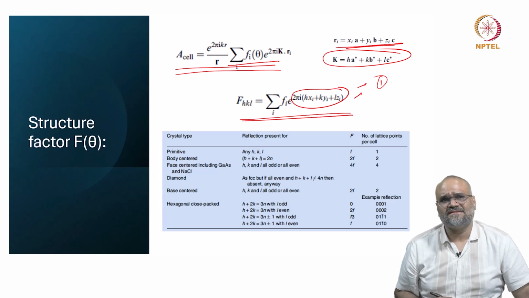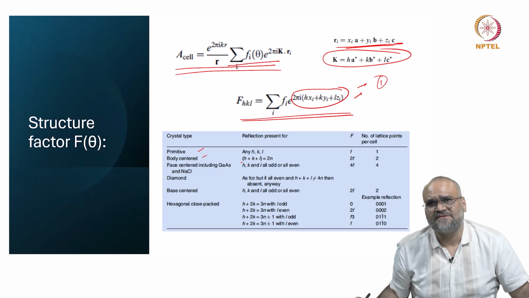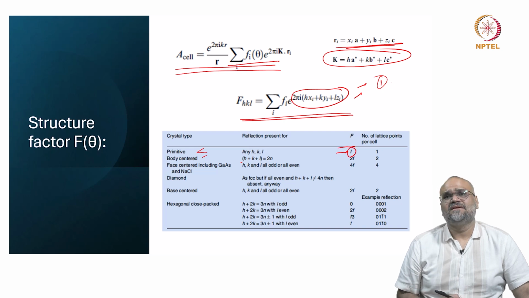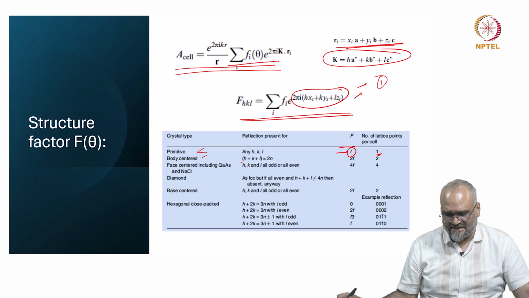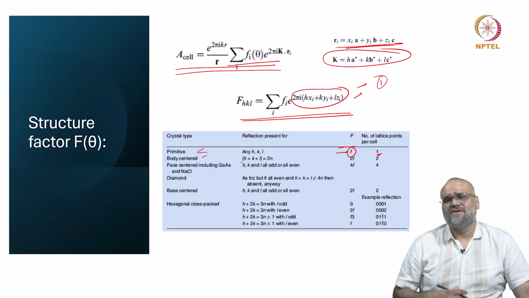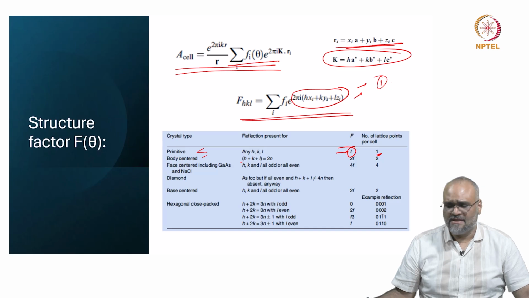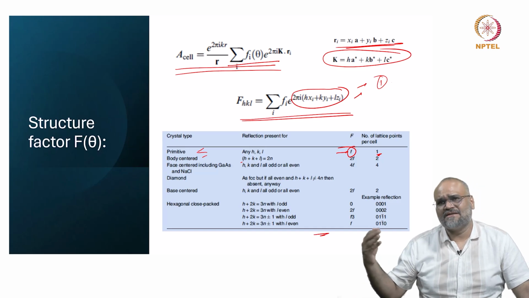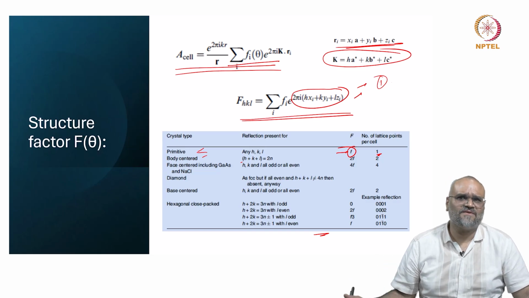And based on this, for different crystal structures and for different crystal systems, you can actually get how the intensity changes as a function of the atomic scattering factor with the number of lattice points, and this gives you varying diffraction patterns for different crystal structures. We will look at this in much more detail when we look at the demonstration sessions on how to obtain diffraction patterns and how to analyze diffraction patterns.